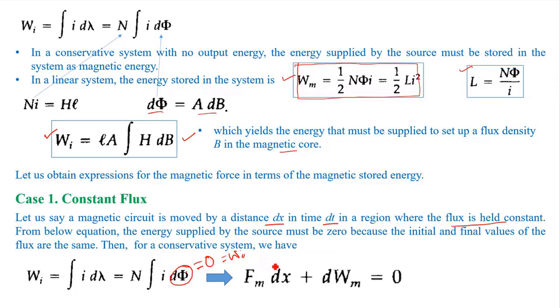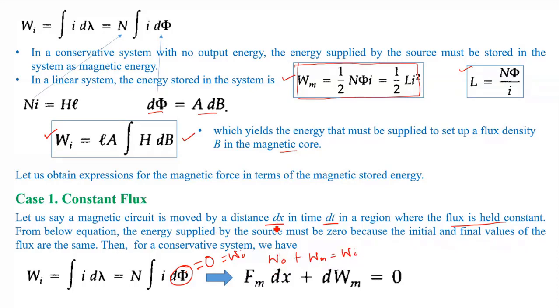Now Wi is equal to, in a conservative system, as we already discussed, Wo plus Wm. Already we know this is equal to Wi, right?